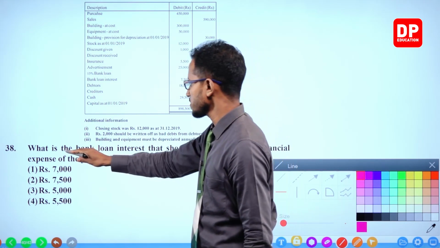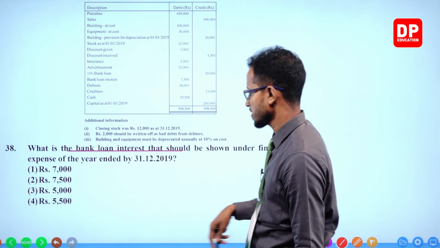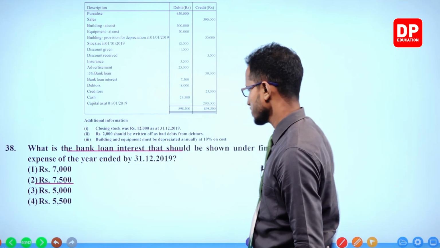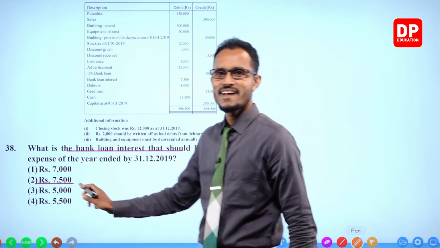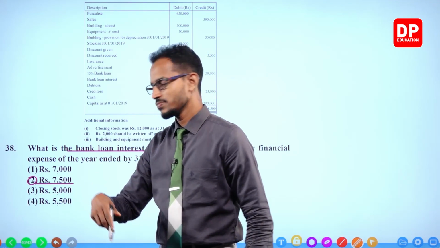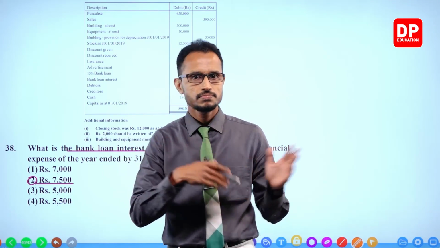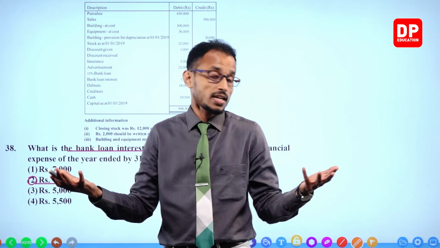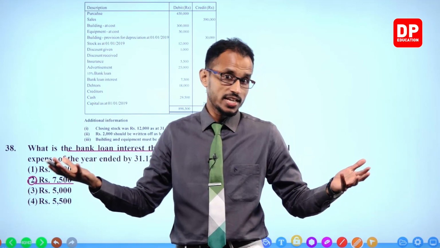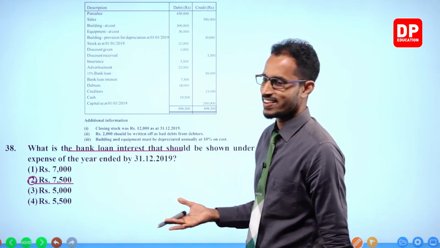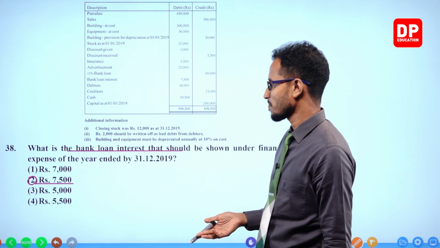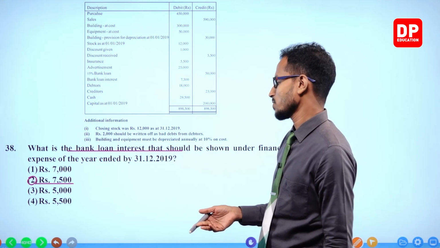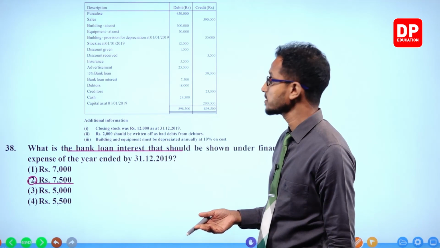The bank loan interest is here. This question comes after the net profit calculation. I can't help it. I have already calculated the answer. When this question comes, it's already there. Answer is already there.